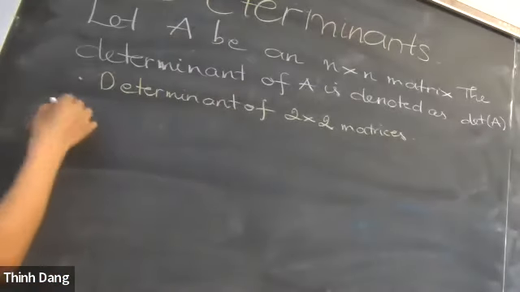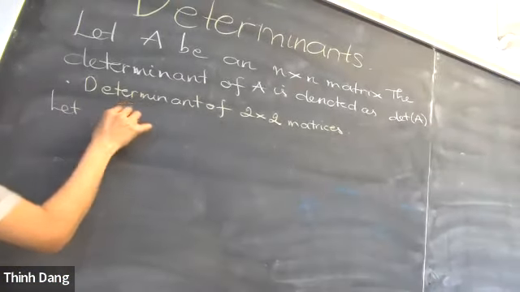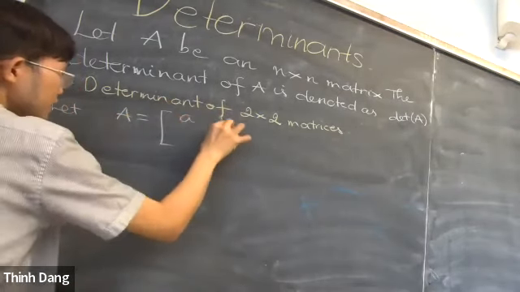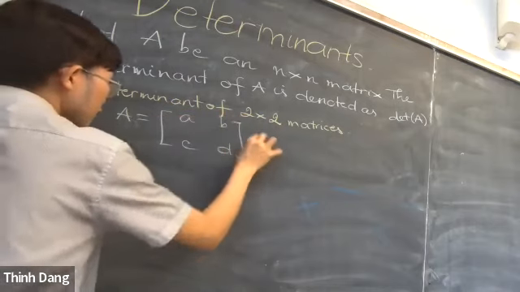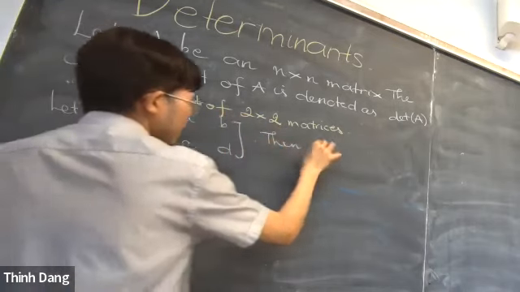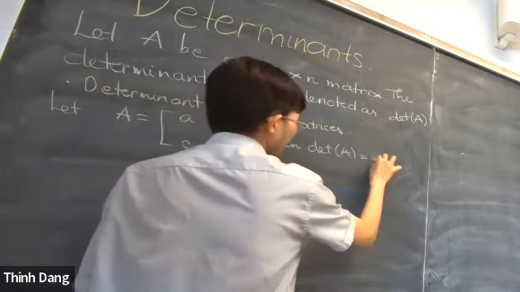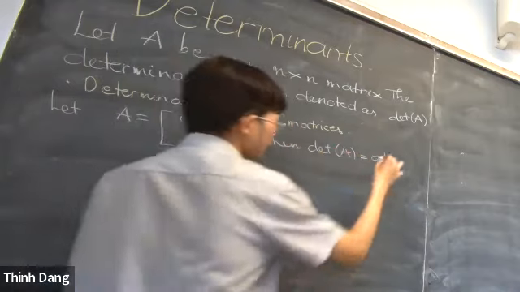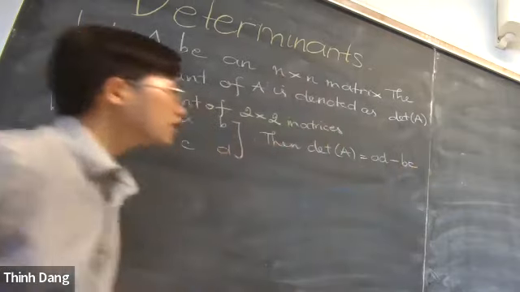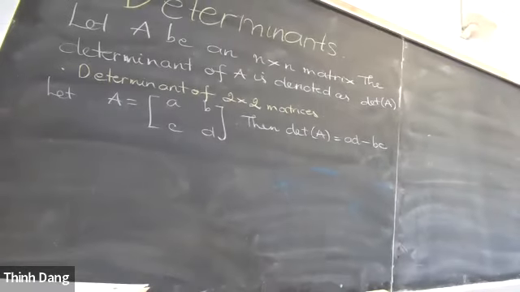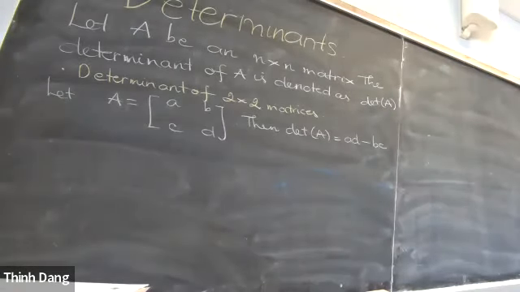Suppose I have a 2 by 2 matrix in the form of A, B, C, D. Then the determinant of this matrix is defined to be the subtraction between AD and BC. So the determinant of this square matrix is AD minus BC.